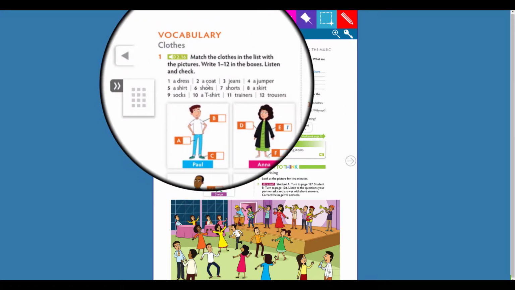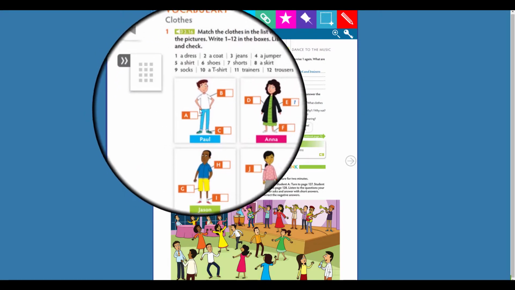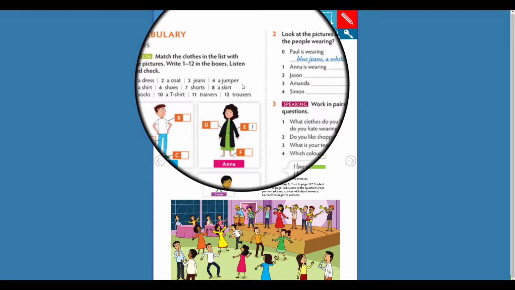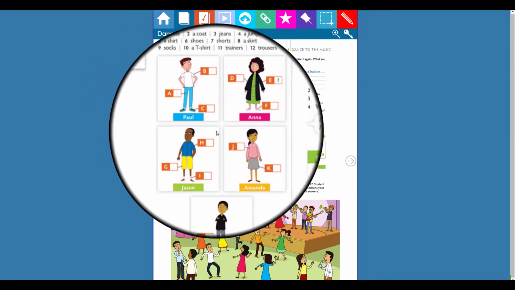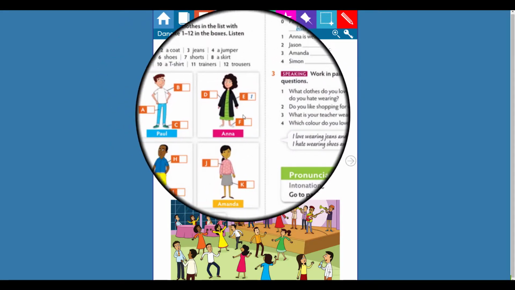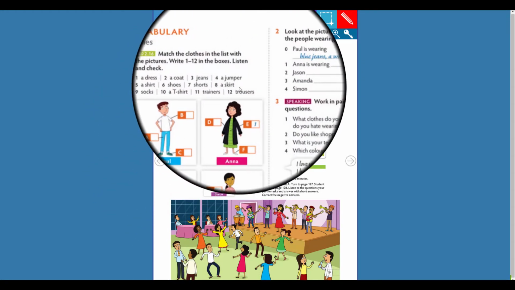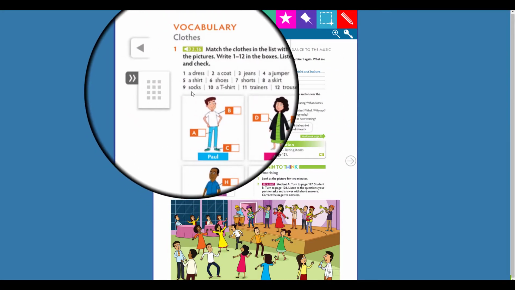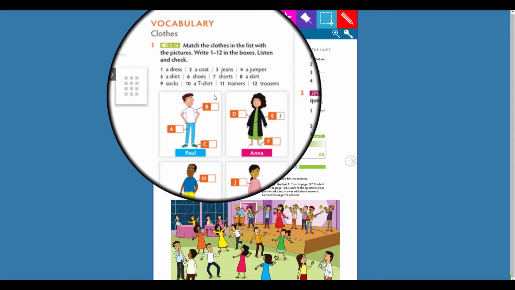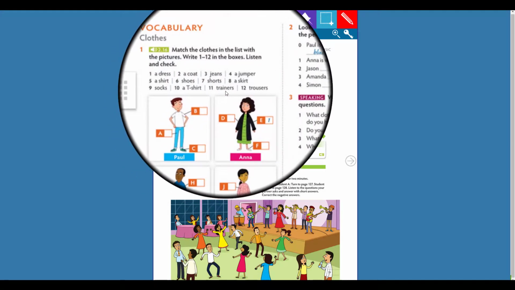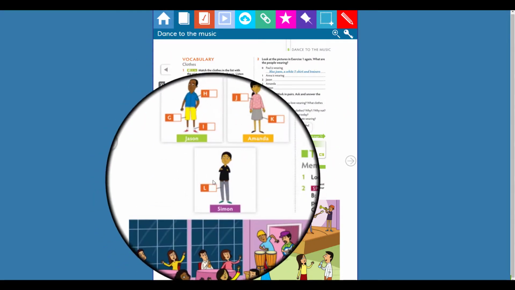So number 2, a coat, letter D. 3, jeans, letter A. 4, a jumper, letter J. 5, a shirt, letter H. 6, shoes, letter F. 7, shorts, letter G. 8, a skirt, letter K. 9, socks, letter I. 10, a t-shirt, letter B. 11, trainers, letter C. And 12, trousers, letter L.